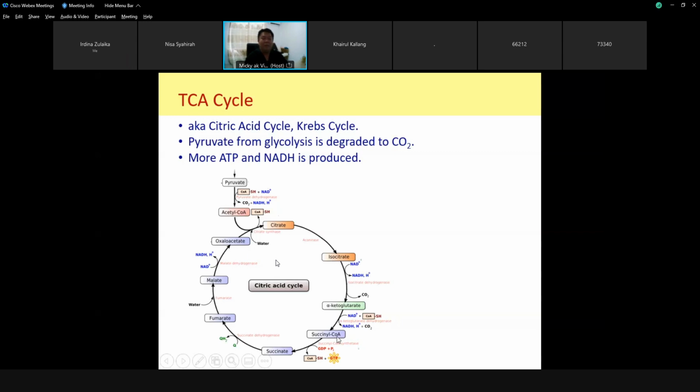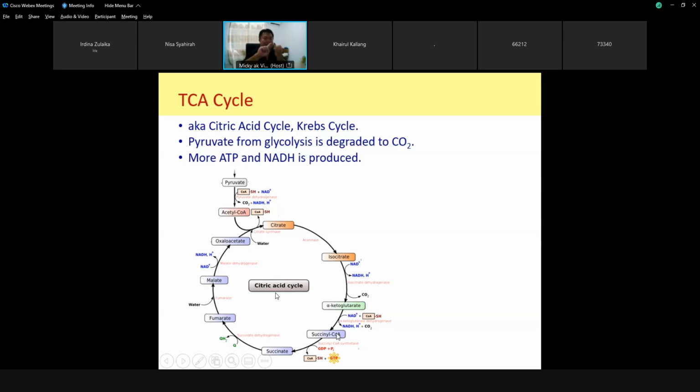Now in the first year, who took my class? Those who took my class, I taught them how to remember this, because you have 7 to 8 components here. Citrate, isocitrate, alpha ketoglutarate. You have to remember all these metabolites.